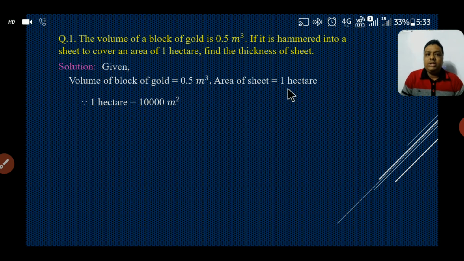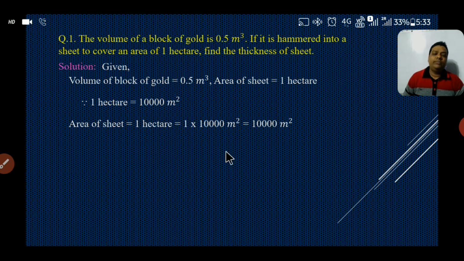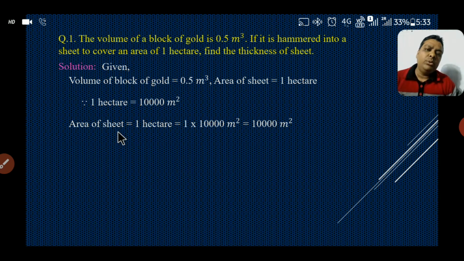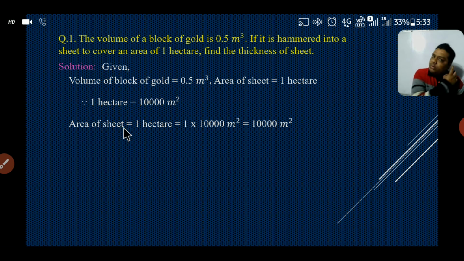So at first we will convert this area into meter square. The area of the sheet will be 1 hectare, it means 1 into 10,000 meters square. Now the gold is the same, so the volume of the block of gold and the volume of the sheet made by gold are the same. We know the volume formula is length into breadth into height, and length into breadth is the area. So area into thickness will be the volume.